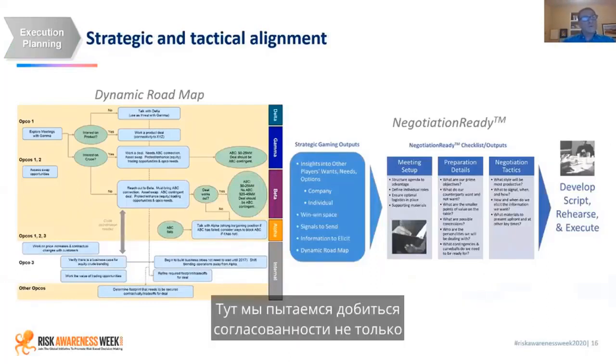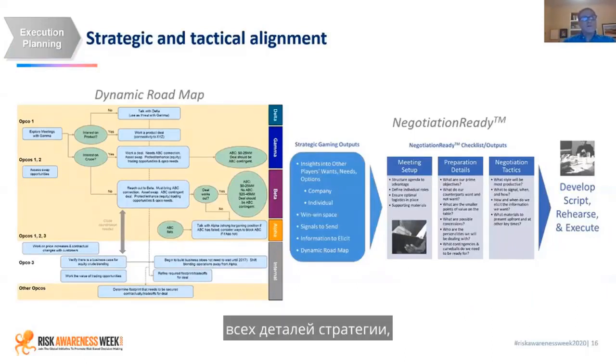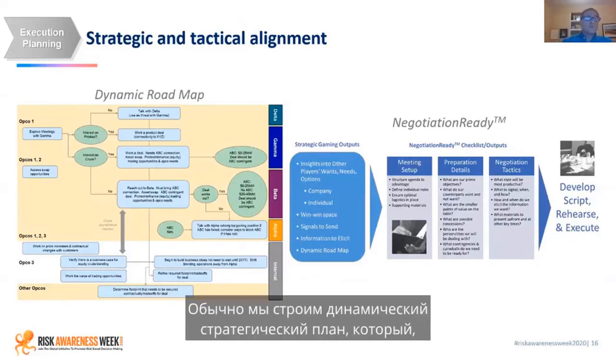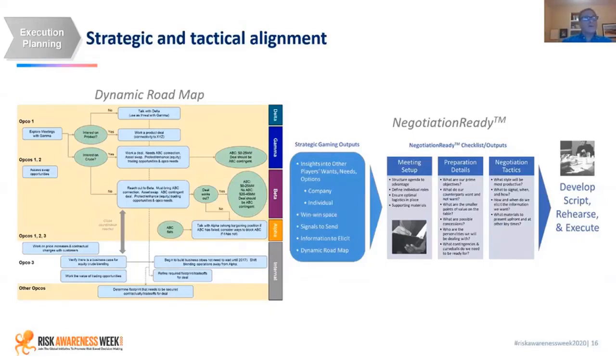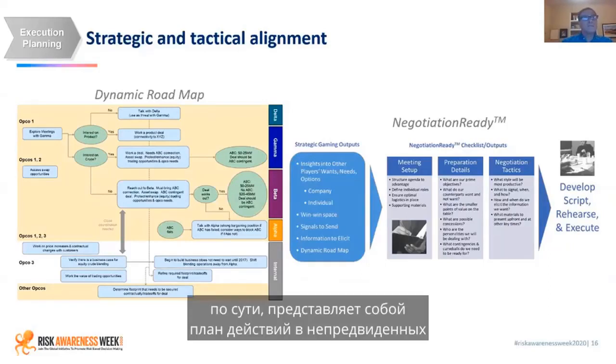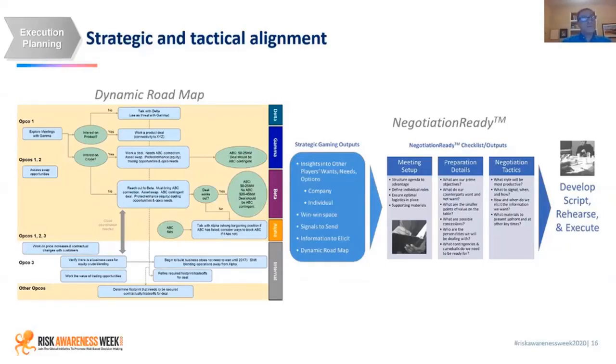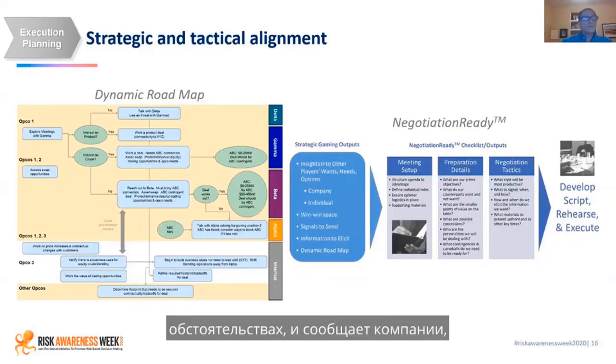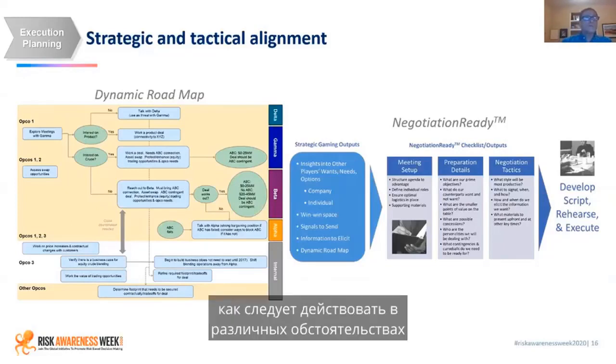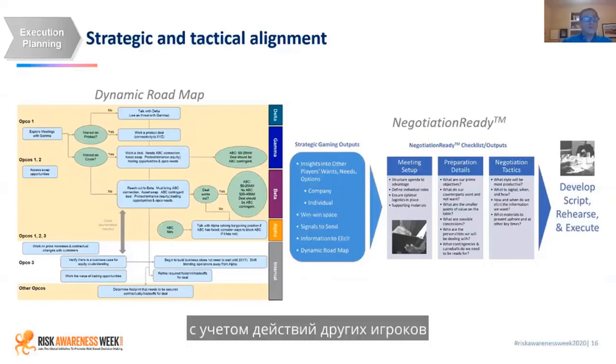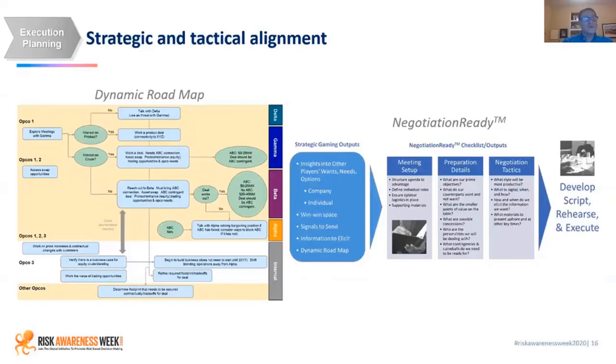And then there is execution planning, where we're trying to get alignment around not only the 35,000-foot strategy, but also tactics. Typically, we are building a dynamic roadmap, which is basically a contingency plan that tells the company what they should do under different circumstances and based on how the game unfolds, given the moves of other players or given the revelation of different uncertainties.